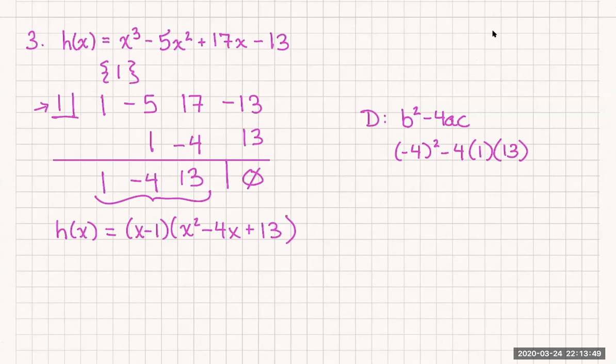Okay, now -4 squared is 16, minus 4 times 13 is 52, which gives me -36. So the discriminant is negative. That means I expect 2 imaginary solutions. And moreover, that means the quadratic is not factorable, so we keep this as an irreducible quadratic.